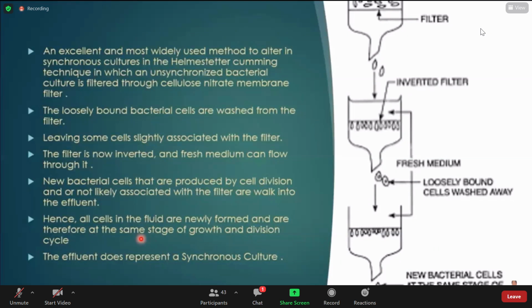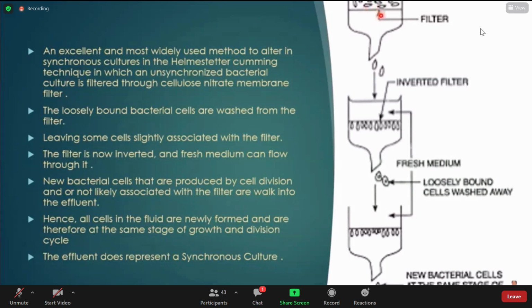The most widely used method to obtain this synchronous culture is the Helmstetter-Cumming technique. Here is the one. According to this technique, an unsynchronized bacterial culture is filtered through a cellulose nitrate membrane filter, where it is going to trap the cells.